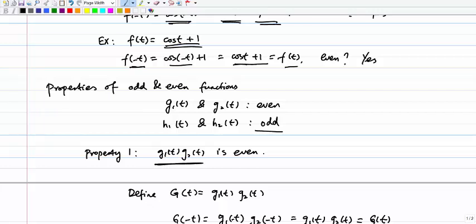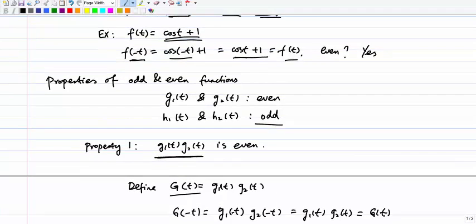If I define this product as G(t), and use the same definition of an even function, G(-t) means I have replaced all t by its negative. The g1(-t) times g2(-t), because g1(-t) is g1(t) and g2(-t) is g2(t), the product is the same as G(t). So this is an even function.